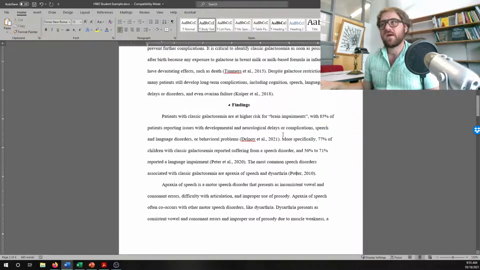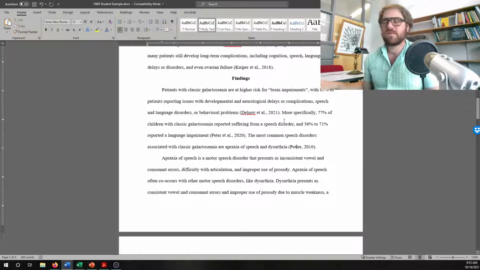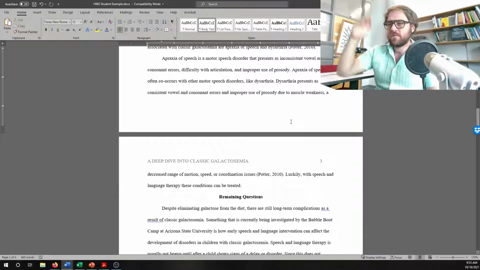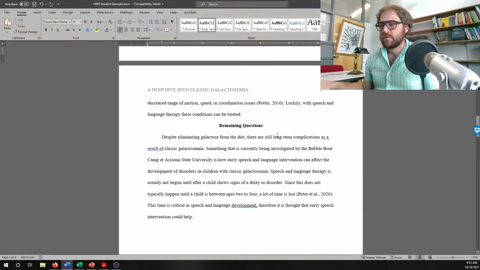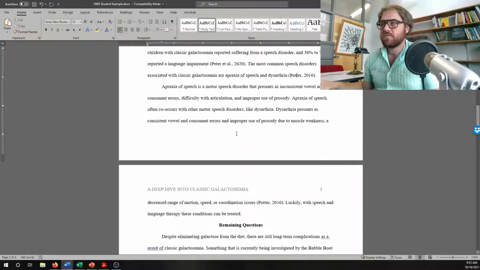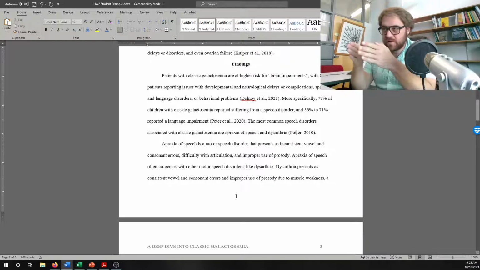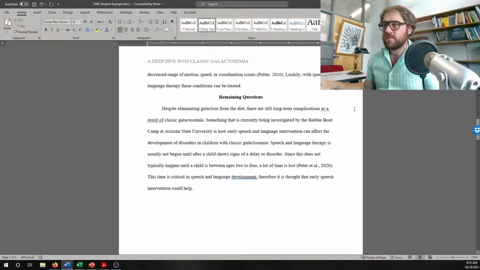So she has 6 articles. I think this person was doing an honors contract, so they were doing a little bit deeper of an investigation. And so this is the findings, this is the current state of the targeted area that she wanted to go in. And then she's ending with this remaining question: what exists?